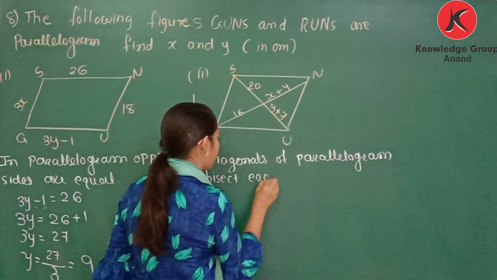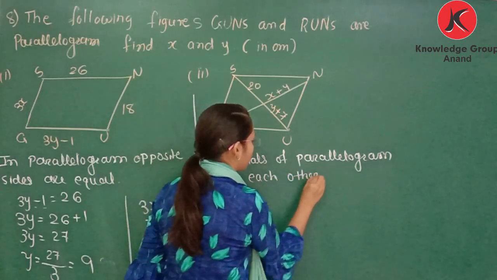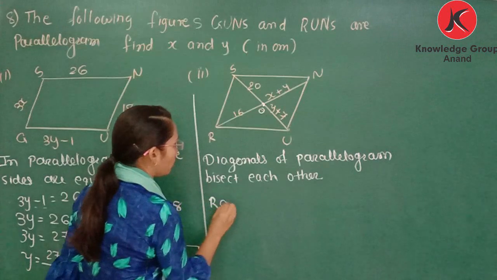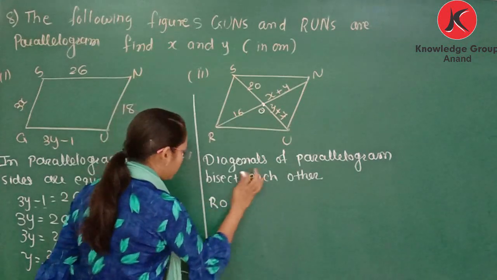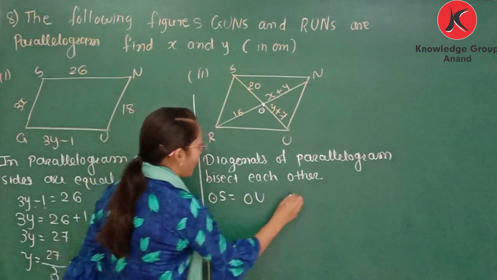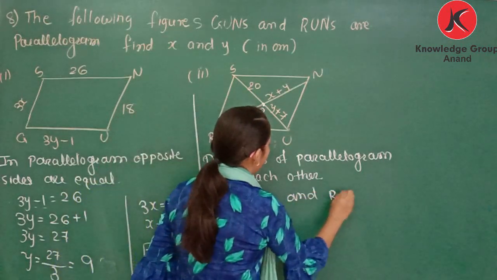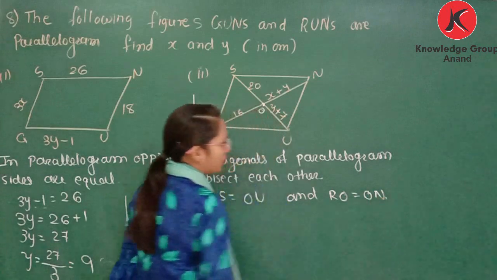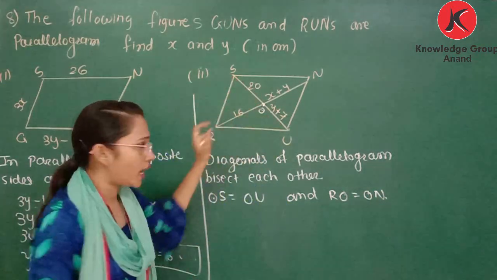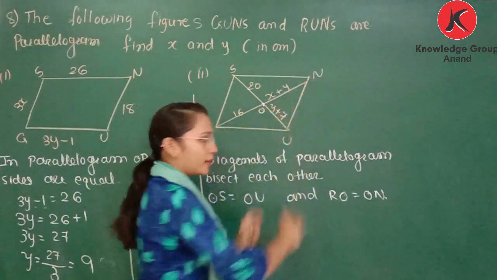Bisect each other means if we consider this, then RO is equal to OA, and OS is equal to OU. Clear? Means this part OS is equal to OU and OR is equal to OL.